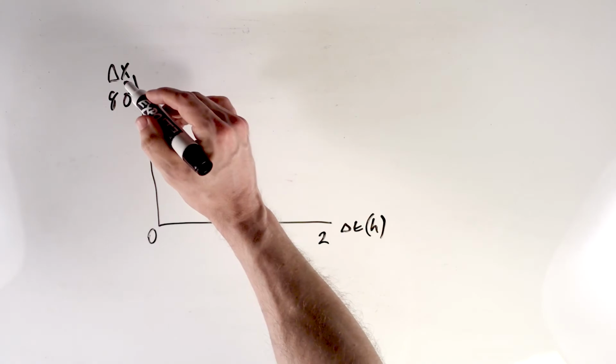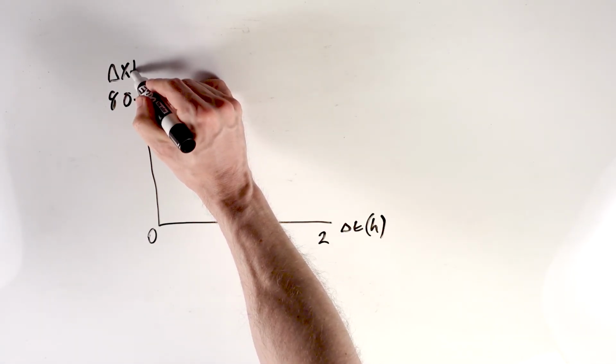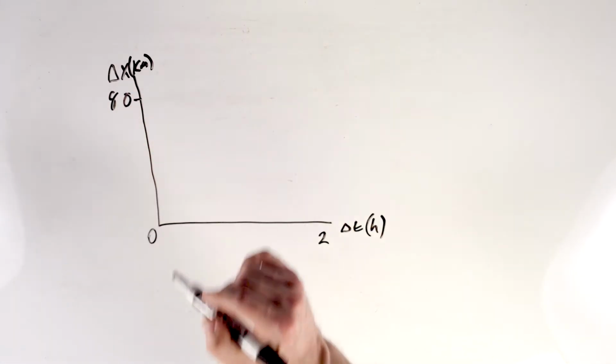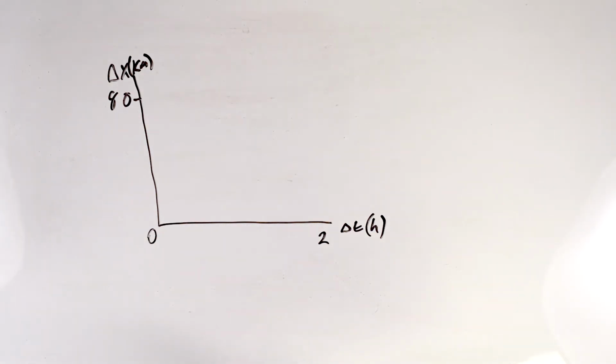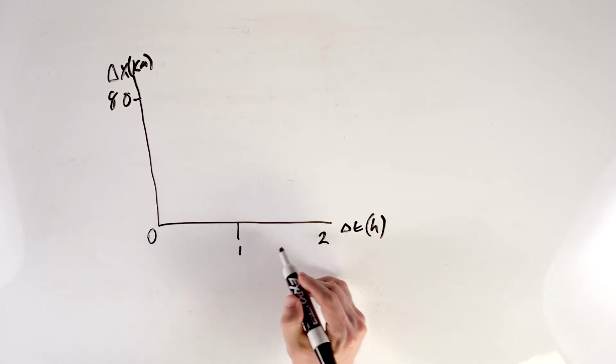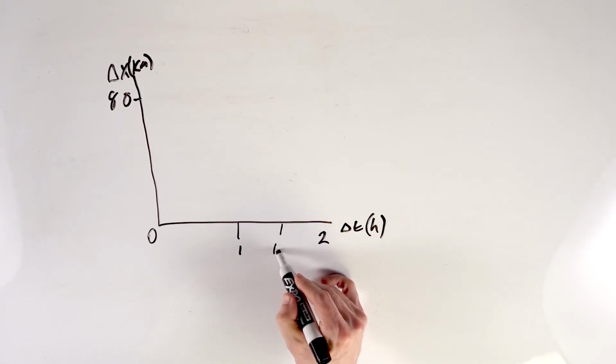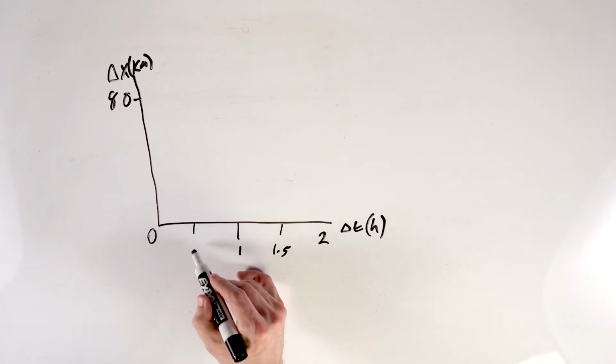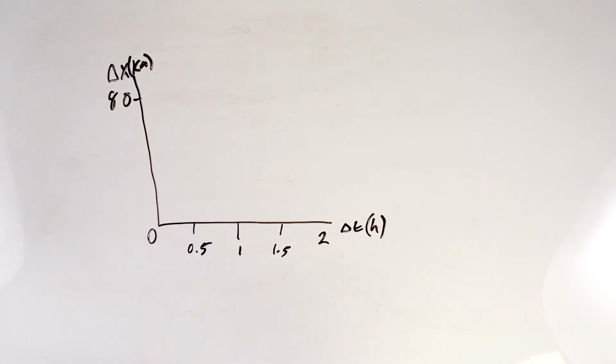And that's in hours, and this is in kilometers. Right, so I'm going to do this real rough. So if I do, we'll say 1 is here, 1.5, 0.5.